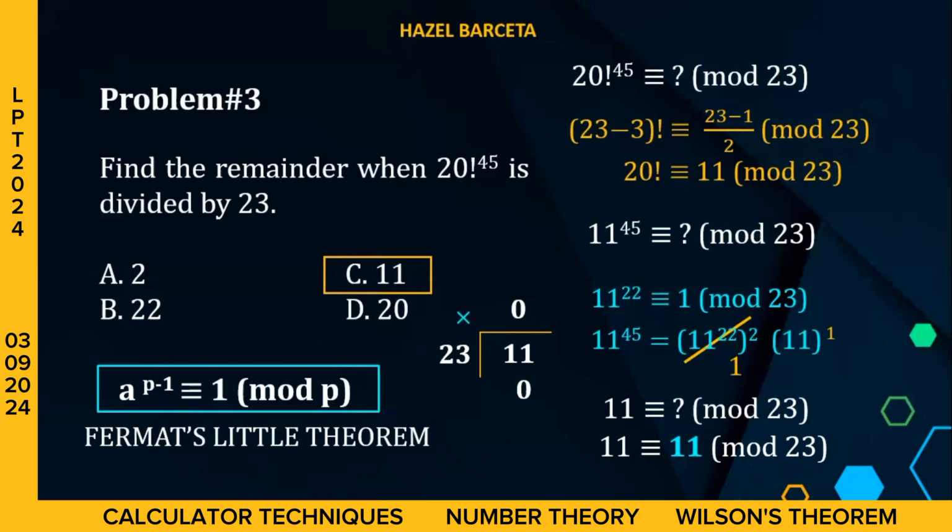Then, subtract po natin. And we have 11, which is our remainder. That is why, kapag mas maliit po ang ating dividend, numerator, sa ating divisor, which is our denominator, yung dividend na po natin ang ating remainder. And the answer is letter C.